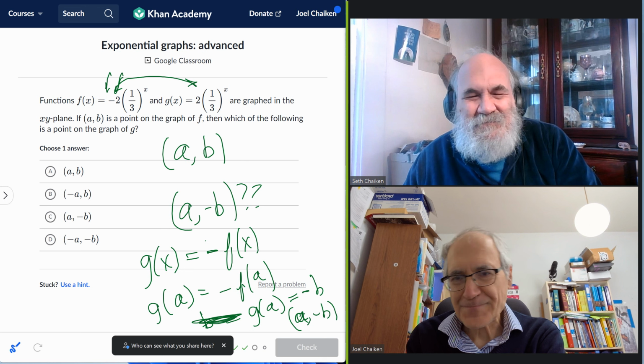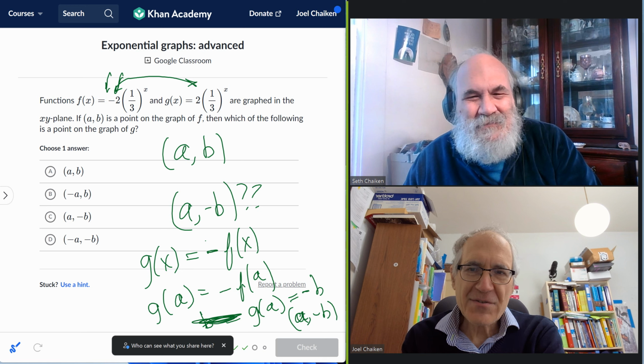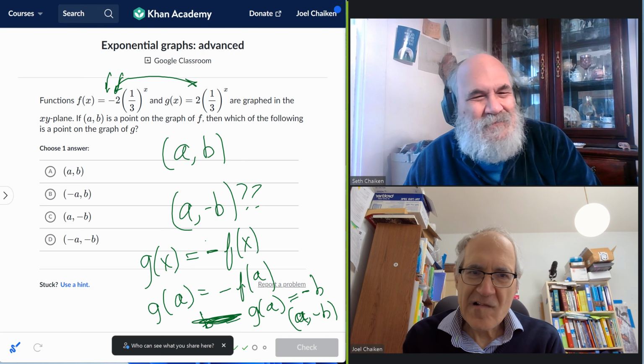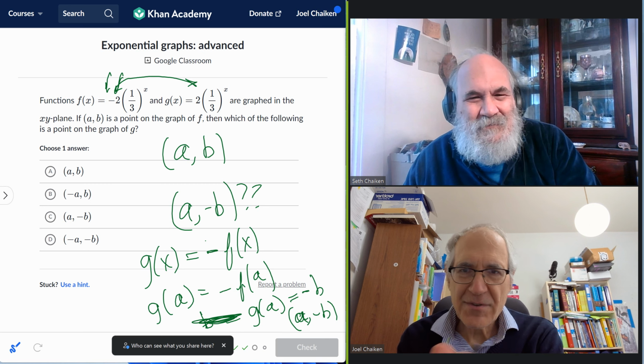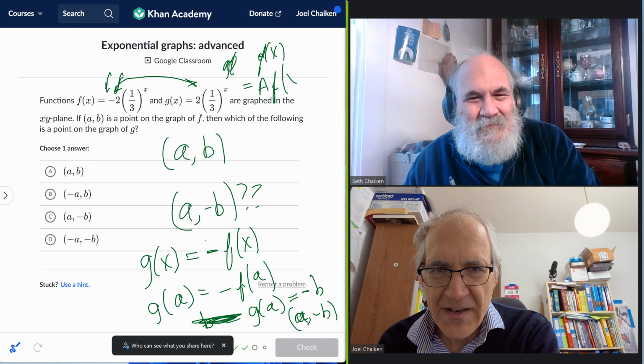So this can use the idea of composition of functions. This can use the idea of reflections across the x-axis. It uses the idea of what happens to a function, let's say, a f of x plus b plus c.